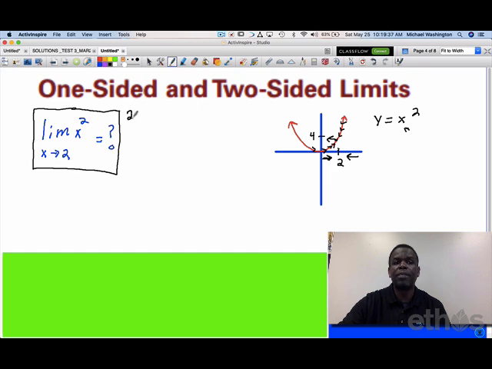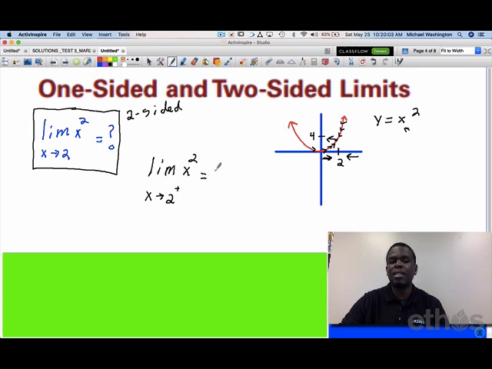Now, there is something called a one-sided limit, and as you can probably assume, we're only going to be approaching the value of x from one side. Here's what a one-sided limit looks like. I would write down the limit of x squared as x approaches 2. We're still going to be approaching 2, but this time I'm going to put a little positive symbol up here in the exponent position.